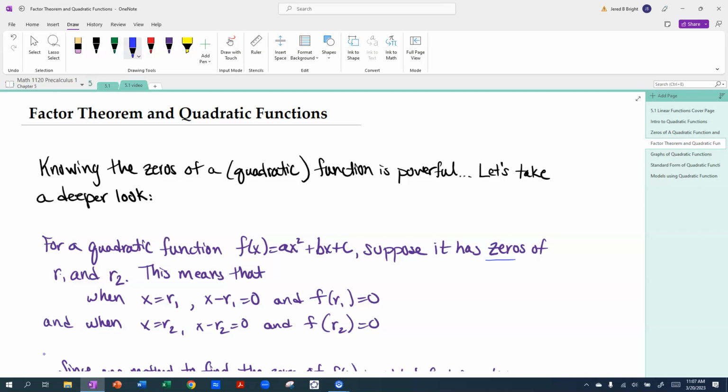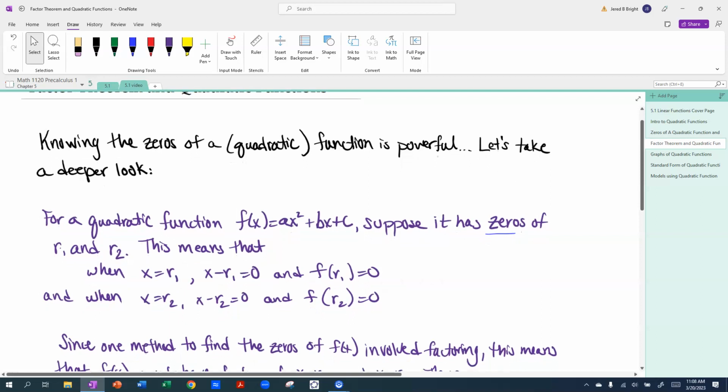But if we know the two roots or the two zeros, then we can say when x is equal to r1, or equivalently, x minus r1 is equal to 0, we know that f of r1, if we put in that 0, we get a function value of 0. Same thing with r2.